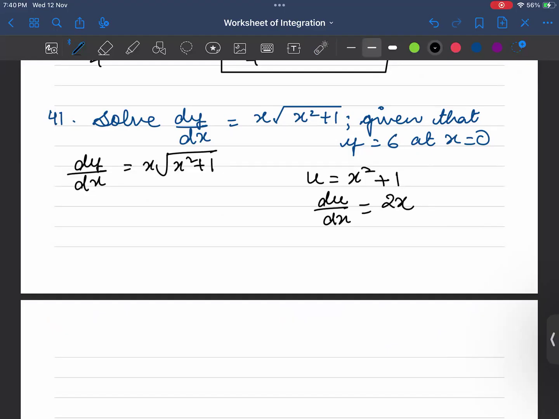If it is like that, can I write y equals the integration of x root of x square plus 1 dx?